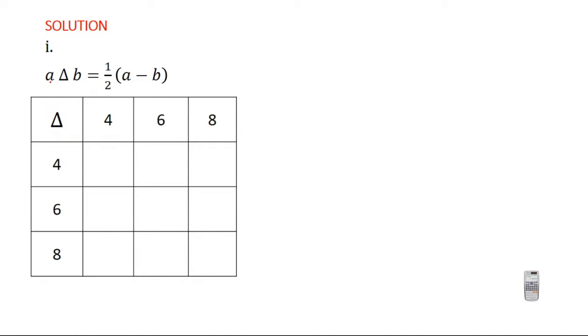So we know that the definition is A delta B is equal to 1 over 2 into bracket A minus B. The first one we are going to take is 4 delta 4. So if we have 4 delta 4, the definition says 1 over 2 into bracket A minus B. In this case, since we are doing 4 delta 4, A is 4 and B is also 4.